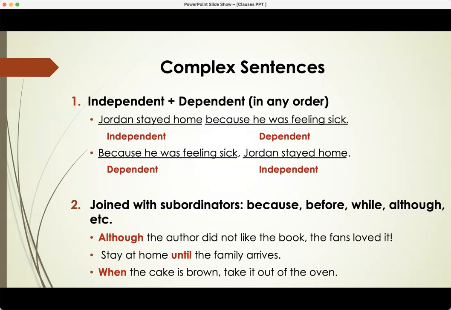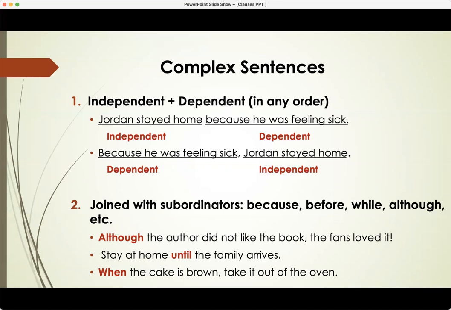The thing to remember is if you decide to start with the dependent clause, you must put a comma to separate the dependent from the independent clause. The way to join the dependent and the independent clauses is via a subordinator. There are many subordinators in English, for example, because, before, while, although, and there's many more.